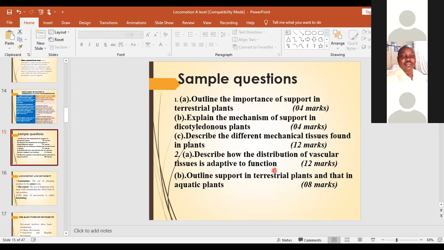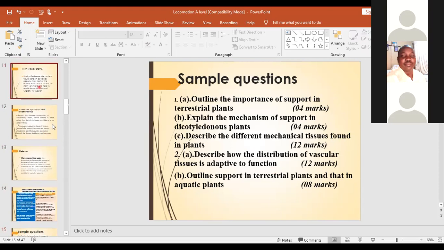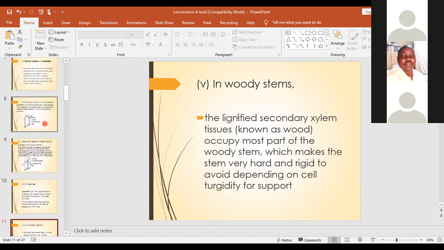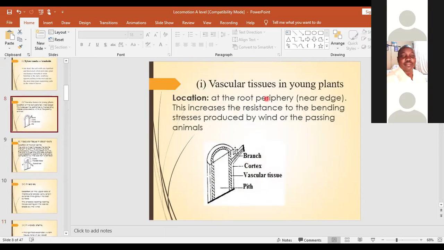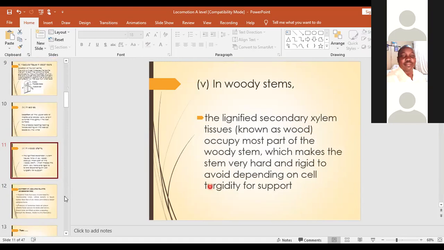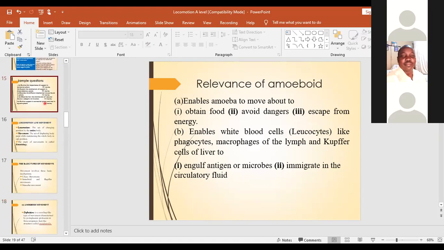That is also what you are expected to discuss. We talked elaborately about the distribution of vascular tissues in young plants, in dicot plants, in leaves, and in woody stems. That should be able to answer that particular question.